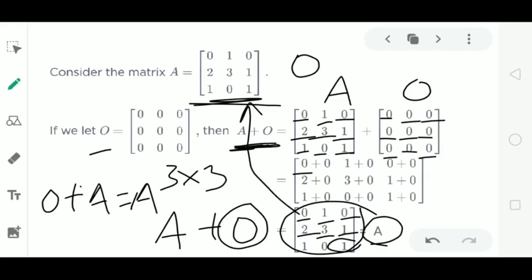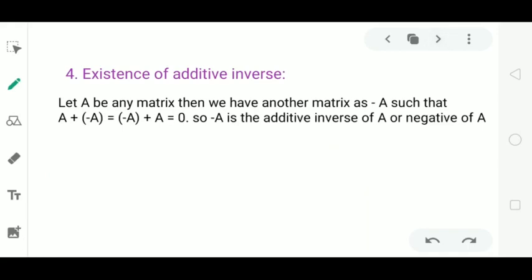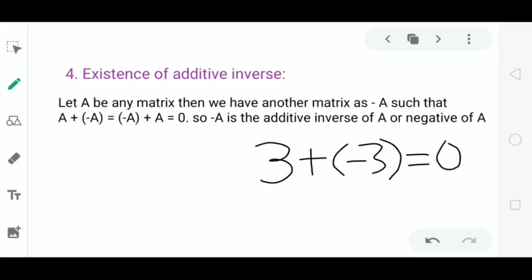So this is about existence of additive identity. Next one, existence of additive inverse. We already know that if we have a number 3, then on adding minus 3 to this given number 3, we get 0, where 0 is additive identity of addition of two numbers.